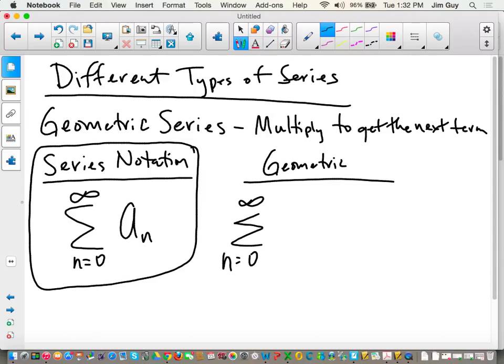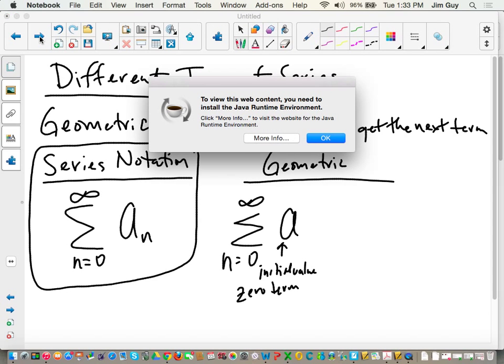And then what makes it a geometric series is that you have this r value, this ratio that you're multiplying. So you have a starting amount. And I probably should have picked a different letter. It's not a variable, it's a. This is just a constant, a number. This is your starting amount, your initial value. I like to call this the 0 term, because that's what you get when you put 0 in for n.